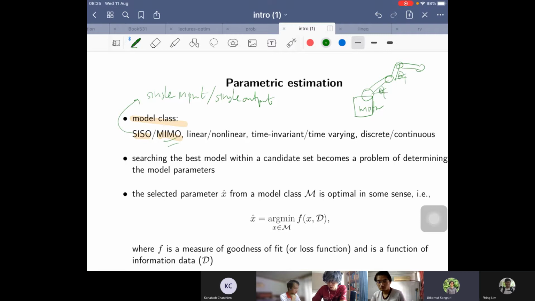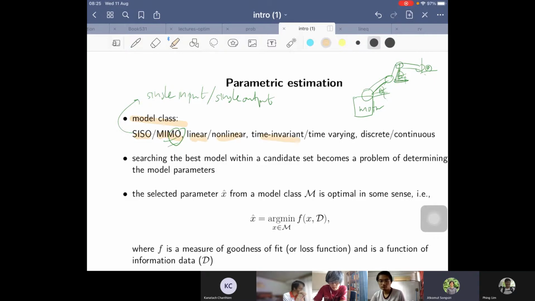You want to control not only the tip end, but also the angle of each joint, so theta 1, theta 2, theta 3 can be the whole output. So your output is a vector. That's multiple output.